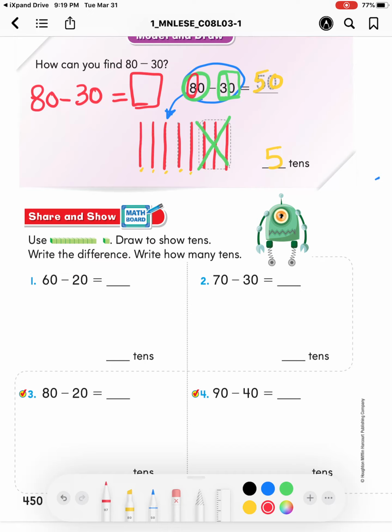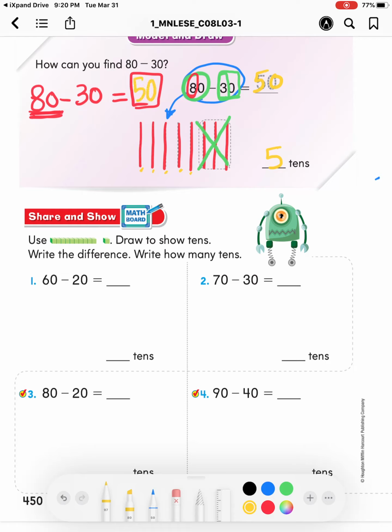We are going to count back by tens, starting from 80. So we are going to say 70, 60, 50. So we counted back here 3/10, so the number would be 50, okay?